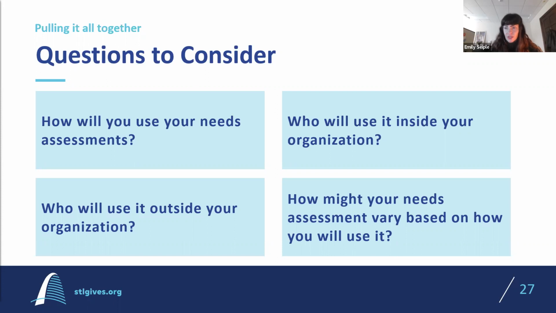And so a key question is, who will use it inside the organization? I remember as a grant writer always asking, hey, could we talk about what I'm putting in the grant applications? And it just took a while to wrap minds around all the ways that these really deep questions that come up on grants could inform program decisions.